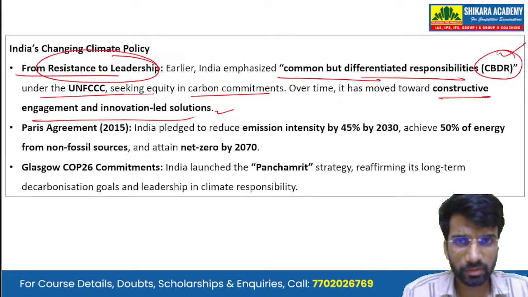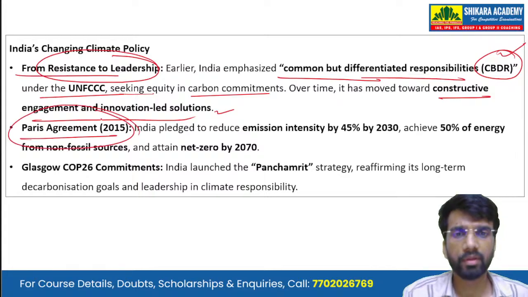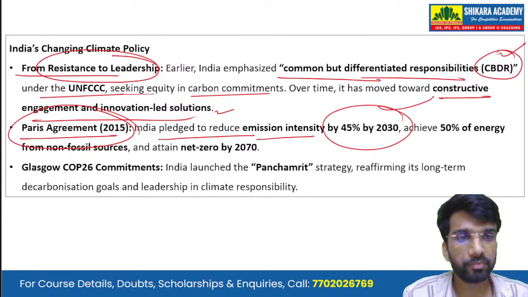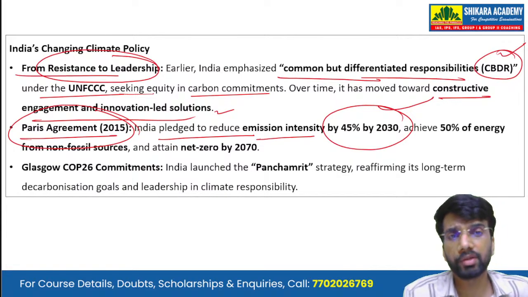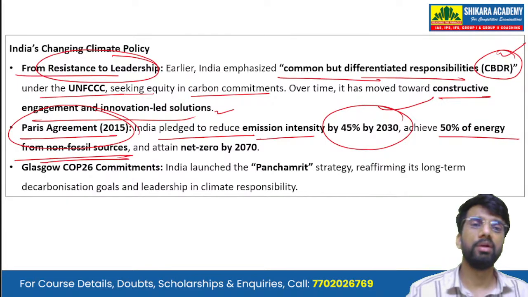The Paris Agreement of 2015, COP21: India pledged to reduce its emission intensity by 45% by 2030 and to achieve 50% of energy from non-fossil sources.